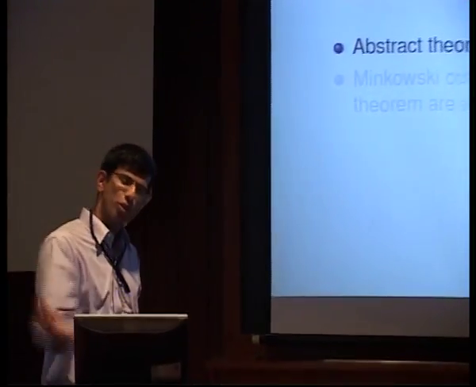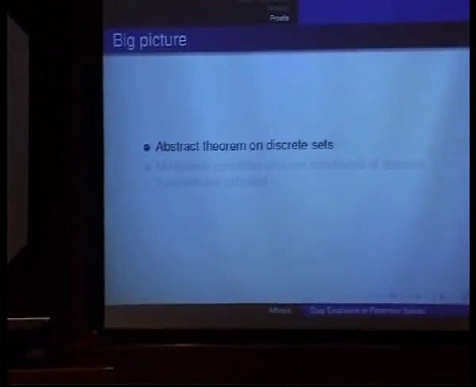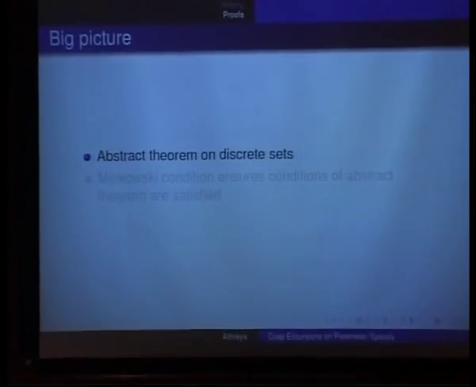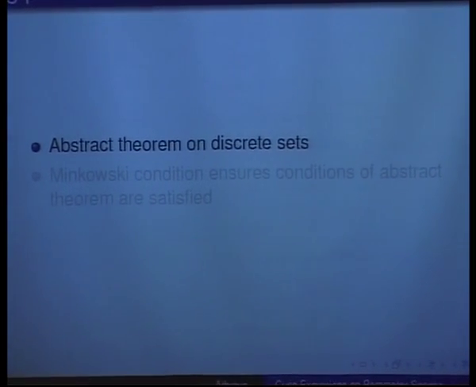So let me say, in my remaining 5 minutes, a few words about the proof. The big picture of the proof is that there's a very abstract theorem on discrete sets and Diophantine exponents in these lim sups that makes no reference to parameter space at all. All you need is a discrete set in R^D and these matrices. You manipulate your discrete set by these matrices, and you see what happens to vectors.